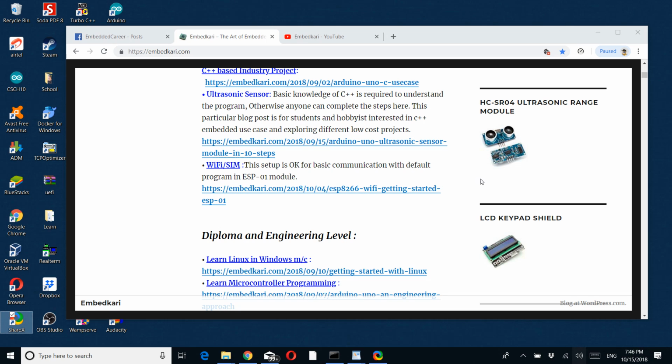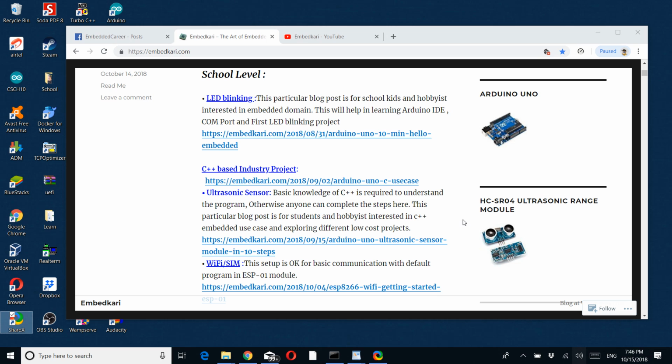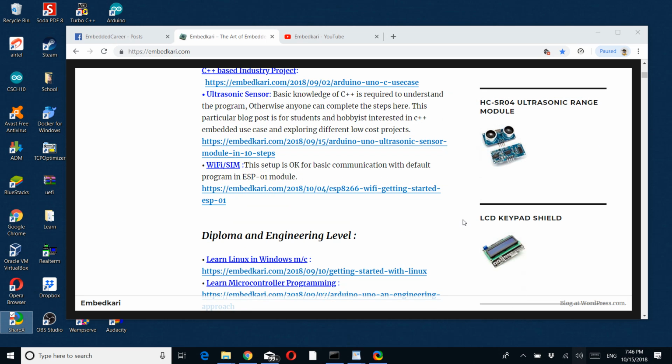The history behind Arduino is that it is made in such a way that even hobbyists can use it without much programming knowledge. And the third one is important in terms of IoT, where also no programming knowledge is required.